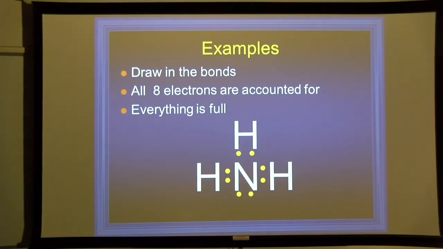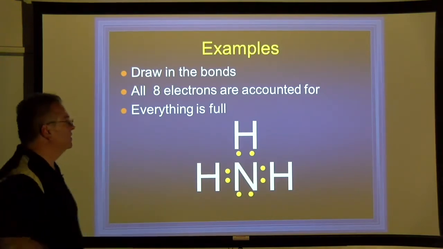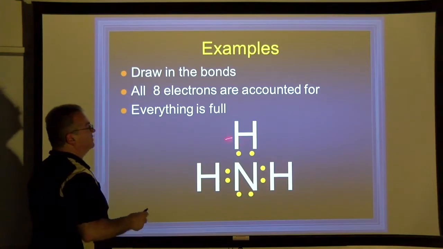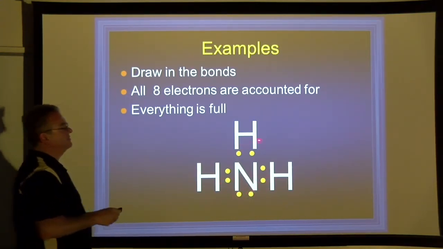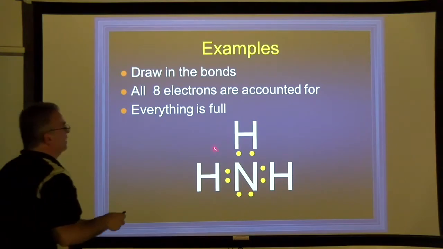This molecule is classified as a polar molecule because on one side of the central atom there is something different compared to the other side. This side has a pair of electrons and this side has bonds to hydrogen. So one side's different than the other.